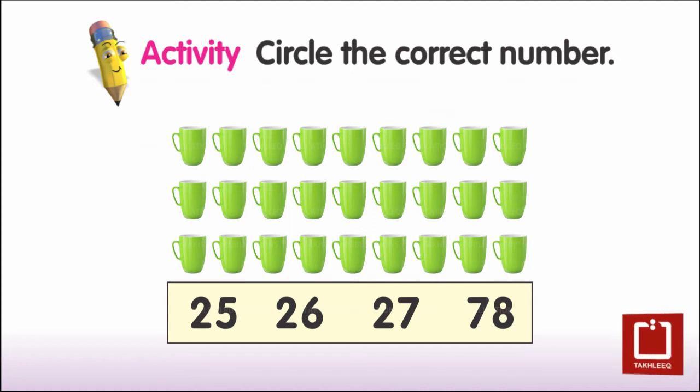These are 27 objects. Now we find out 27 from the given numbers 25, 26 and 27. Yes, this is 27. So we shall circle it.